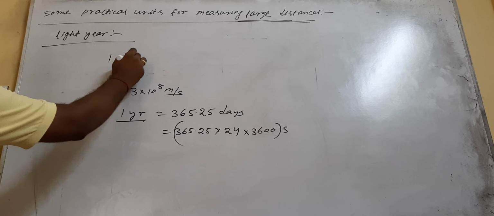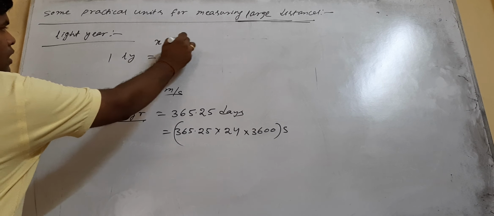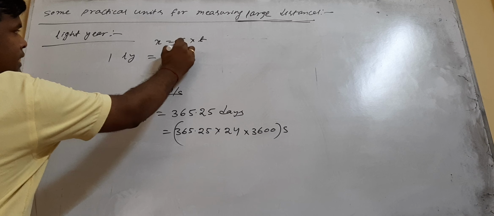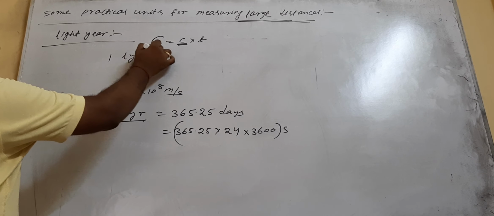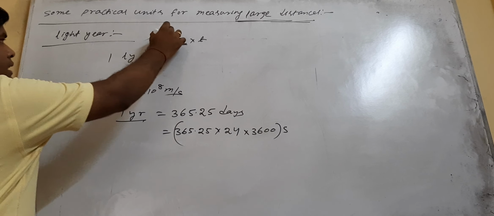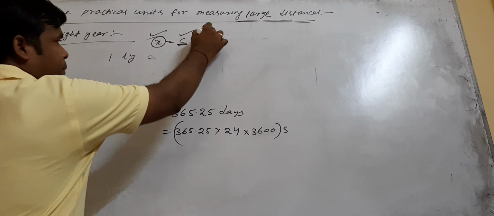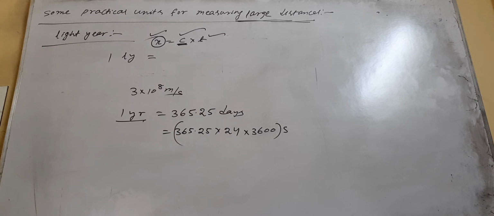And 1 light year, just told, it is the distance traveled by light in vacuum in 1 year. That means to get the light year, the distance, you have to multiply speed of light with the time.